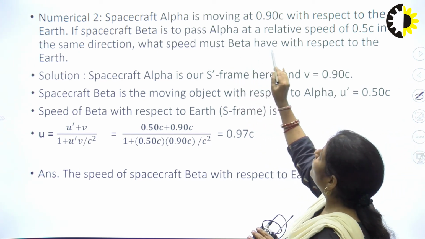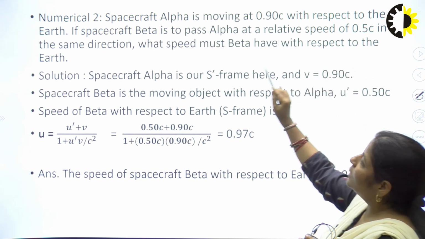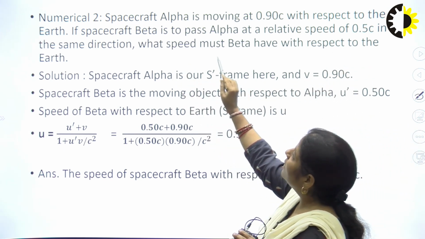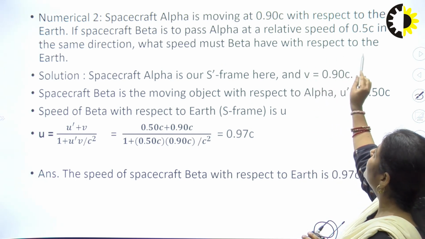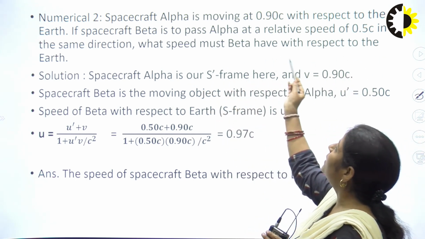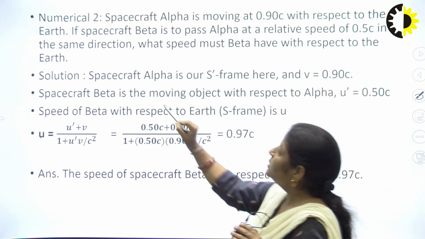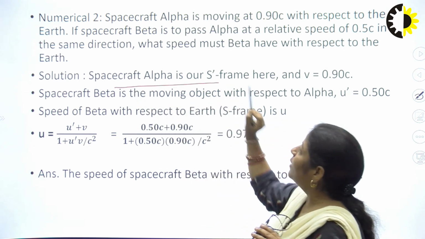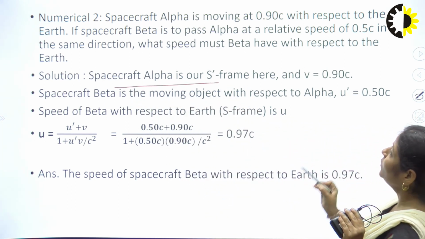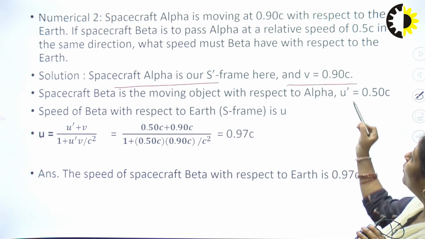Spacecraft alpha is moving at 0.9 c with respect to the Earth. If spacecraft beta is to pass alpha at a relative speed of 0.5 c in the same direction, what speed must beta have with respect to the Earth? In this solution, it is very clear that spacecraft alpha is our S dash frame, because it is moving, and the velocity of alpha is 0.9 c.